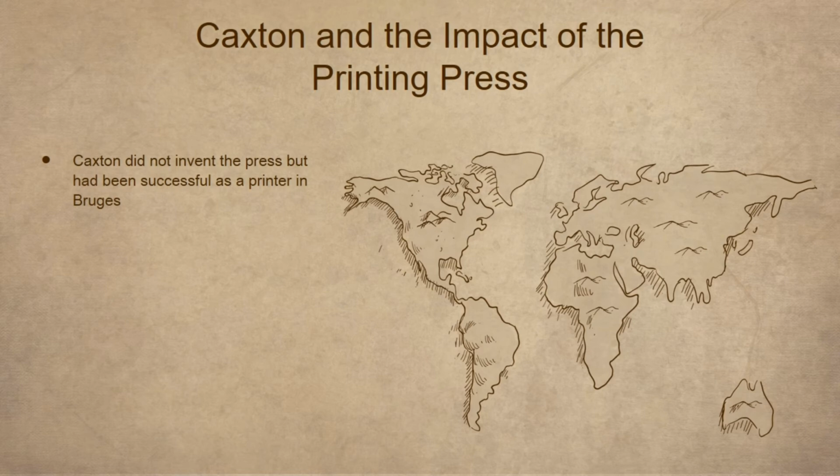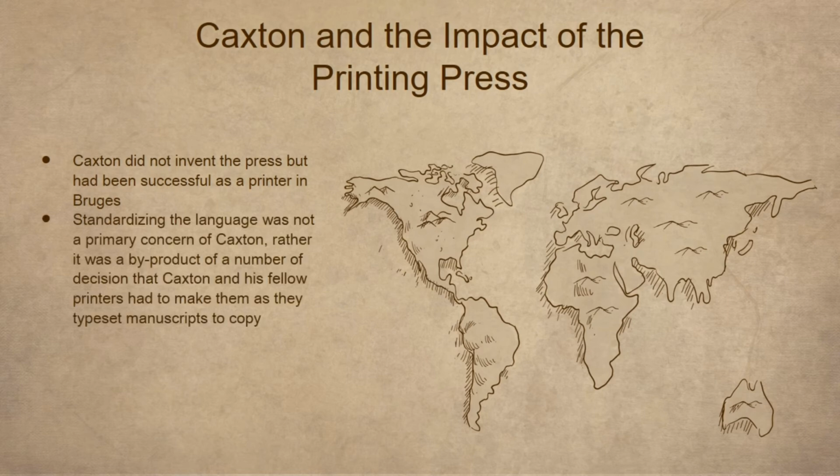As we know, Caxton did not invent the press, but had been successful as a printer. The second point is that Caxton did not standardize the language, but standardization was more a product of a number of decisions that Caxton and his fellow printers had to make as they retyped manuscripts to copy.